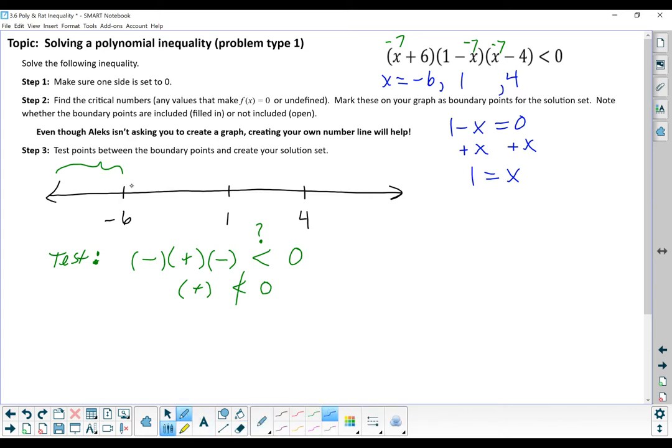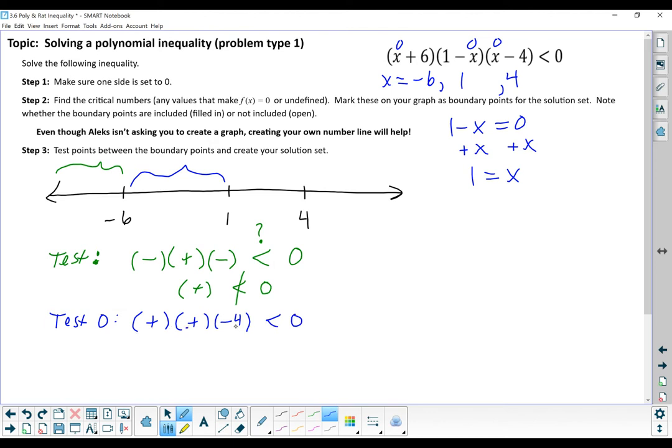So let's test the next region. The next region is from -6 to 1, so we can test 0. Going back up to my function and subbing in a 0, this becomes a +6, a +1, and a -4. Is this less than 0?